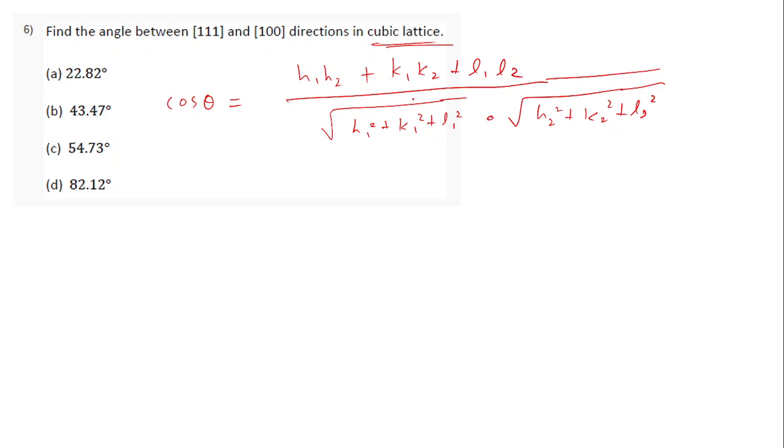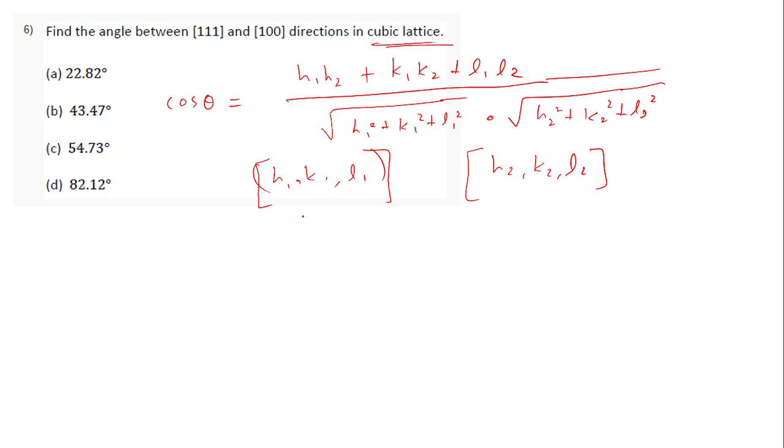Here h1 k1 l1 are the Miller indices for one direction, and h2 k2 l2 are the direction Miller indices for the other direction.